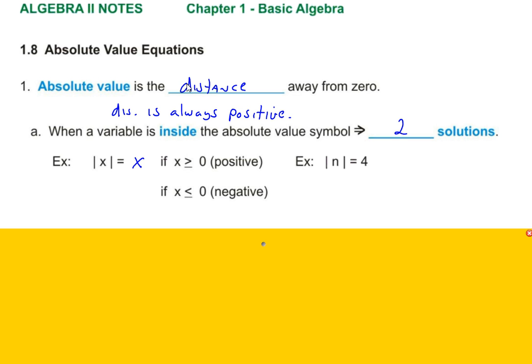Well, here's the second scenario. The absolute value of x equals, and I'm going to use my red right here, negative, and then back to blue, x, if x is less than or equal to 0, meaning x is negative.